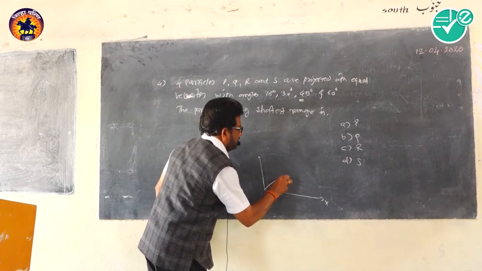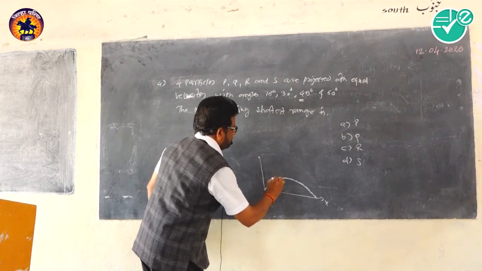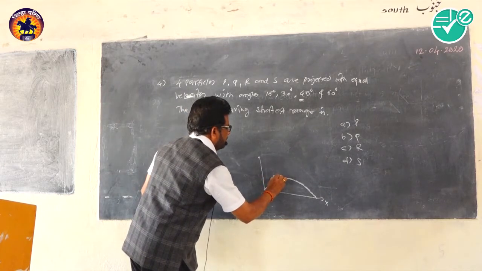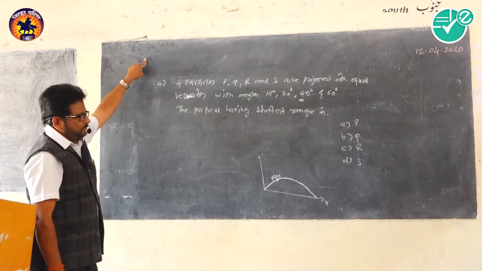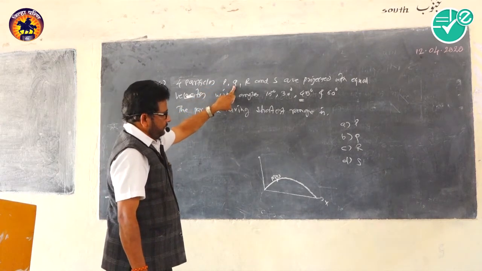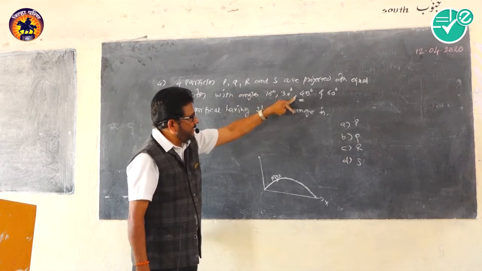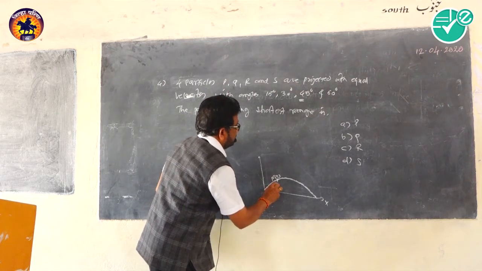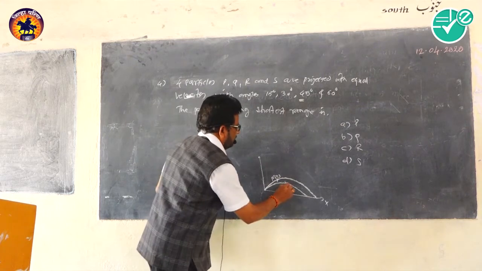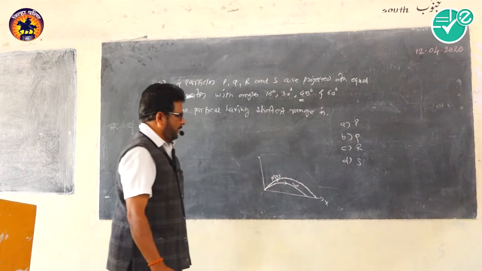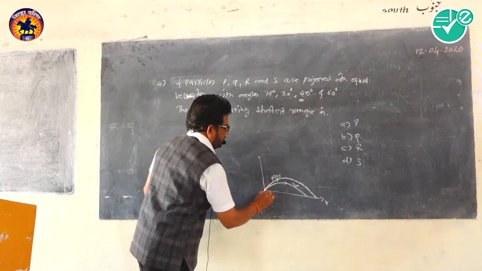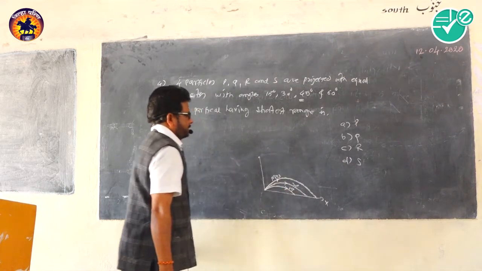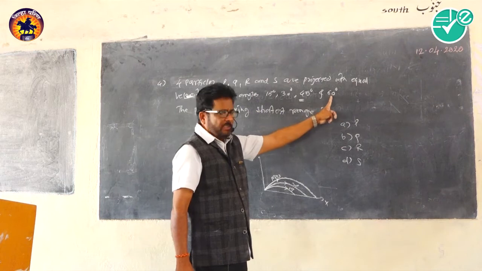Particles P and Q have angles less than 45, so suppose this is the second particle with 30 degree, this is the particle with 15 degree, and the last particle has angle of projection 60 degree.